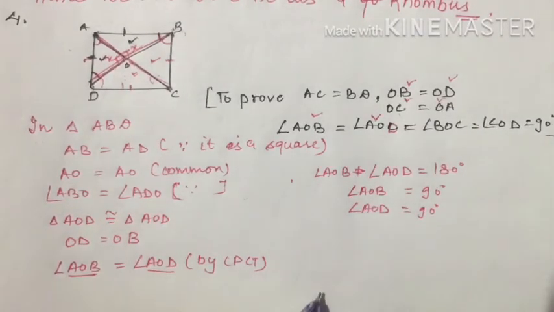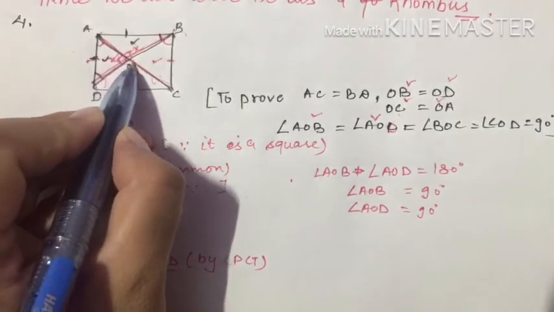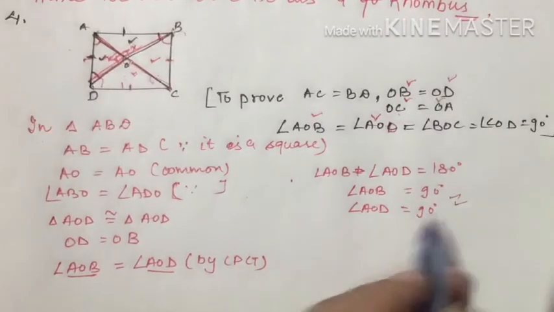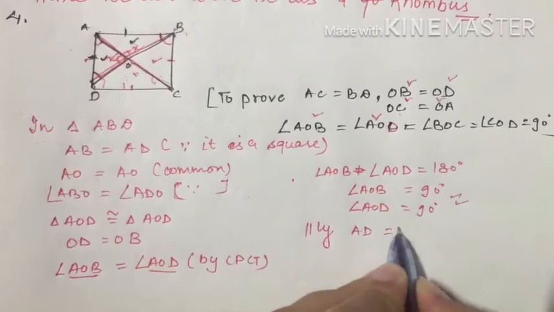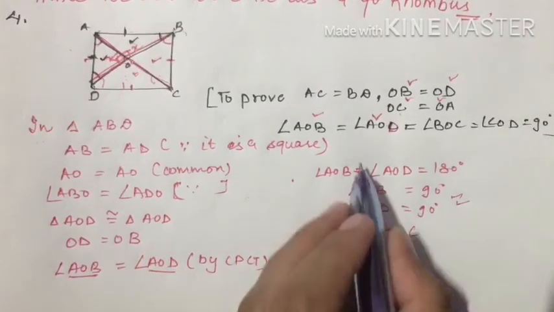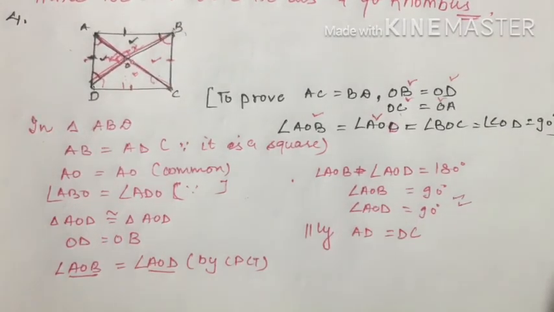In the same way I can prove these angles are of 90 degrees. Okay, the same I have done, or you may write it as similarly AD is equal to DC and this angle will be of 90 degrees. When I proved all angles are of 90 degrees, that means diagonals are bisecting each other at 90 degrees and diagonals are bisecting each other. This is what I have to show.